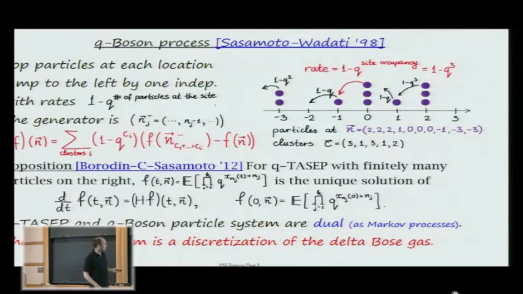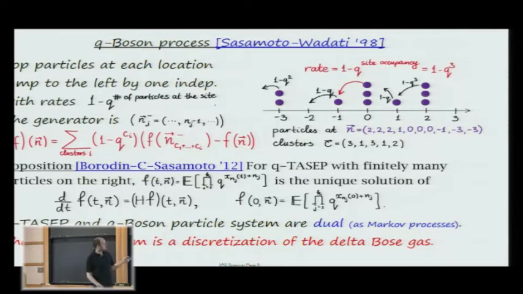Okay? So a convenient coordinate system for keeping track of this system is either in terms of the site occupancy variables or in terms of their ordered location. So here you had 3 particles at position 2. So you have 2, 2, 2, and then you have 1 particle at 1, so you have 1, and then 3 at 0, 0, 0, 0, and so on.